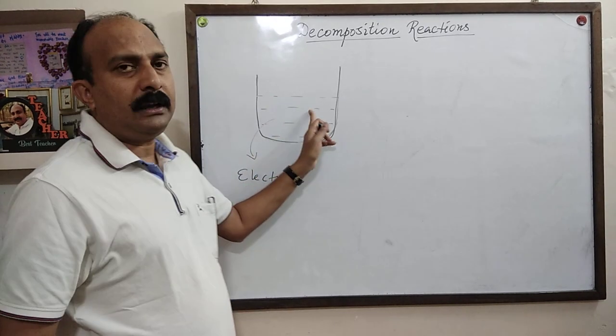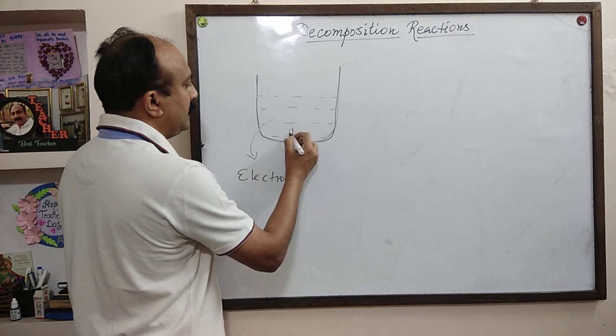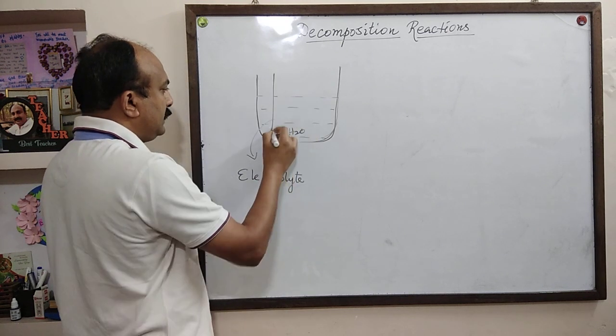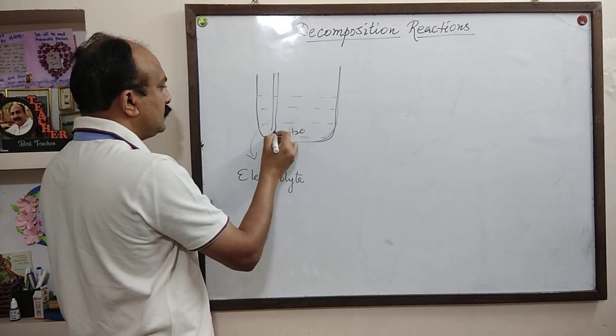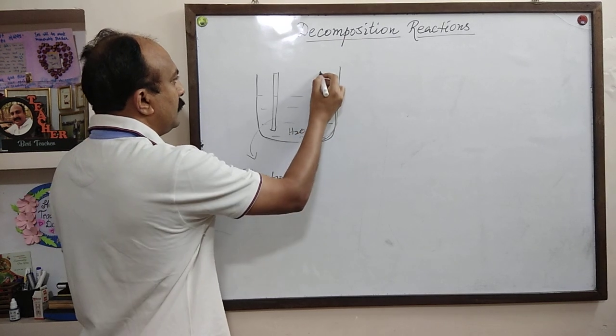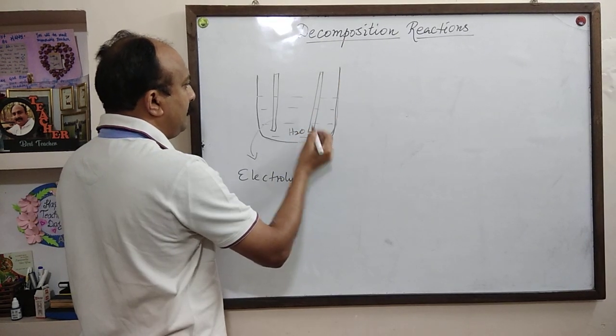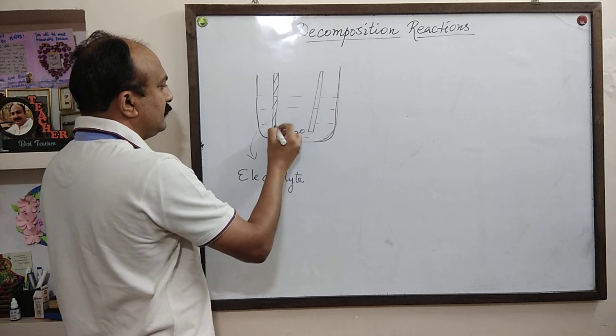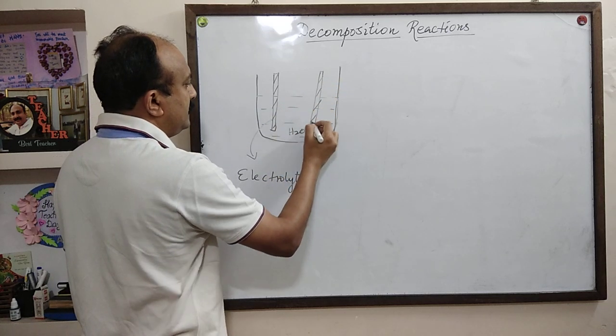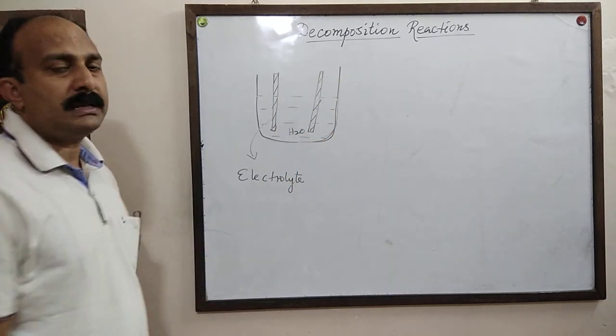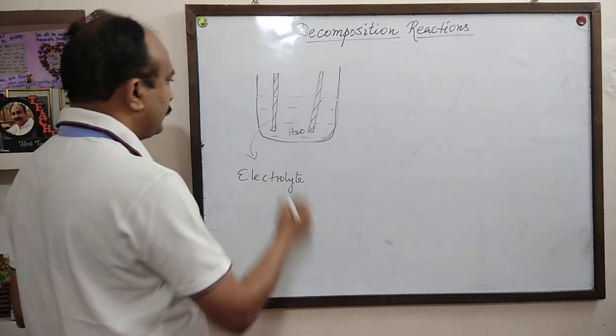Here the electrolyte that we are taking is water, H2O. And then we use two metal pieces to conduct electricity through it, which is known as electrodes.